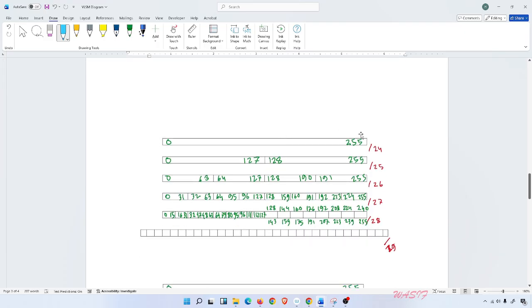Now if you look at here very carefully, I'm just talking about the total number of IP addresses, not the usable IP addresses. That means this includes both the network address and the broadcast address.